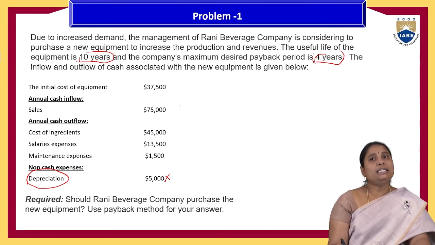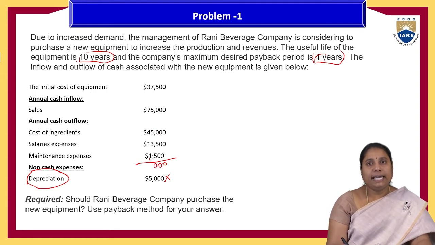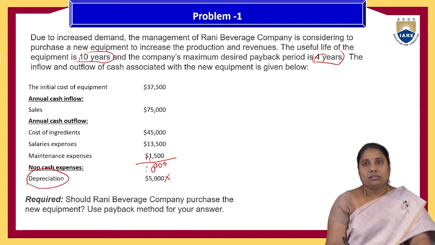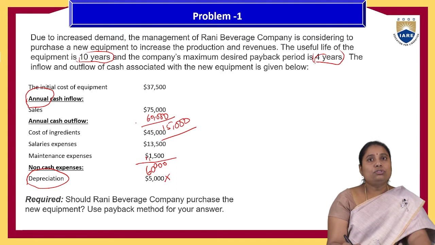Then they are expecting sales of 75,000 with a total cost of 60,000 as their expenditure, so that they can expect cash inflows every year. Here they have mentioned annual cash inflow, so annually they are expecting 15,000 as the returns.